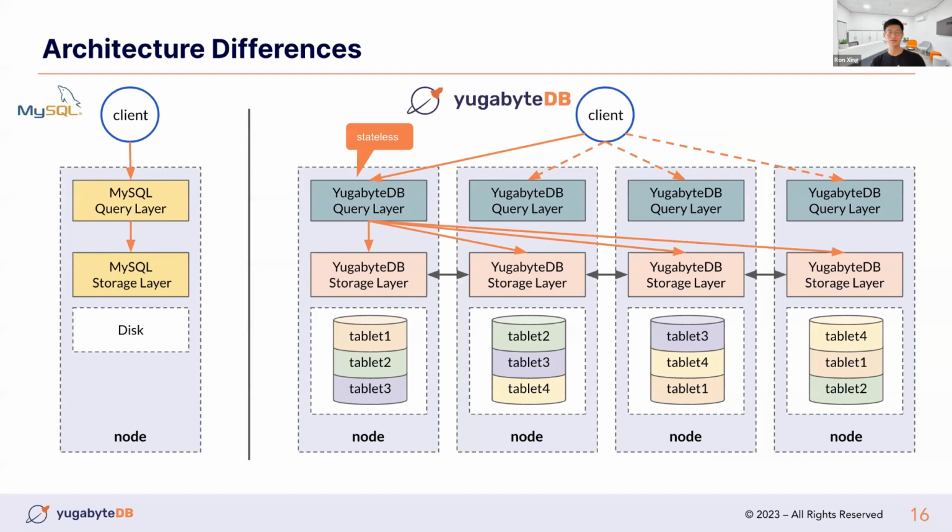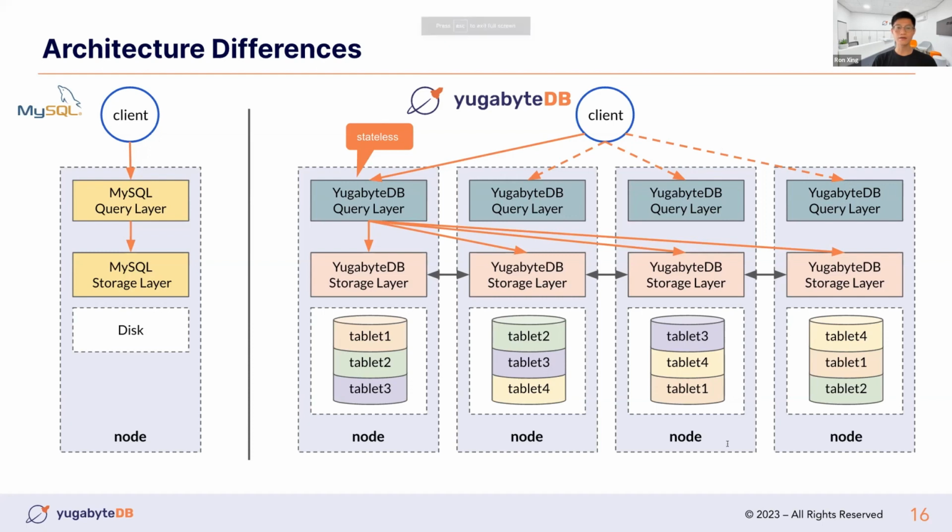So here I list down a quick architecture difference between a single node architecture like MySQL and a cluster architecture like YugabyteDB. For MySQL, it is fairly straightforward. The client connects to the query layer, which connects to the storage layer, then fetches the data from the disk, etc. But YugabyteDB is a cluster setup, so the data is actually distributed across all the nodes, as you can see here, for different tablets.